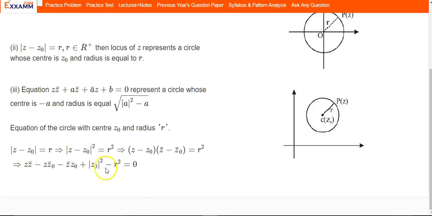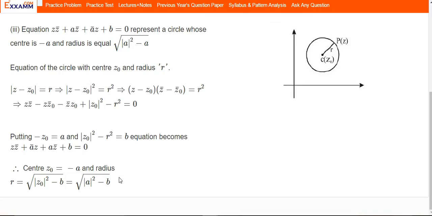When we compare this equation with the earlier equation, what do we get? That minus z0 is nothing but a. So the center becomes minus a. Z0 was our center, and modulus of z0 square minus r square is equal to b here.